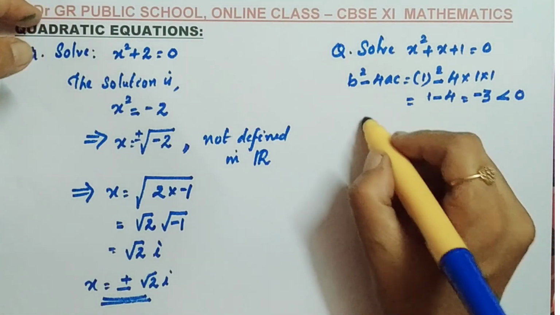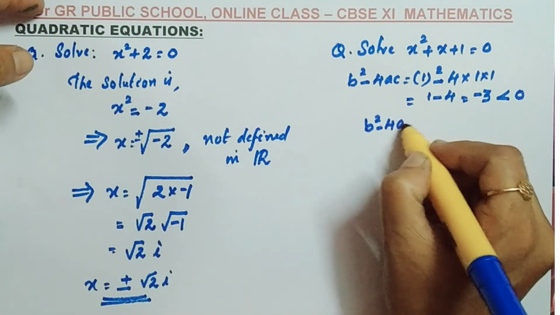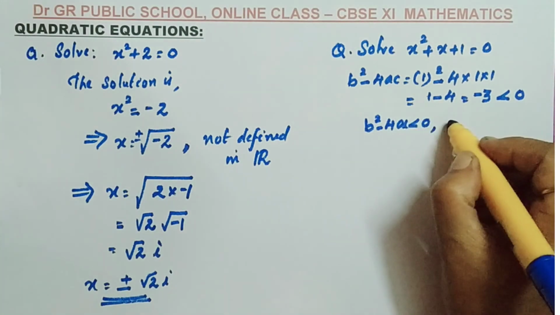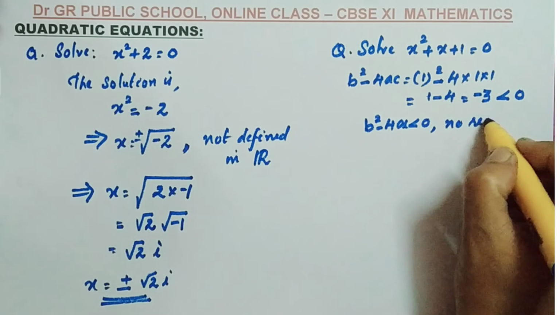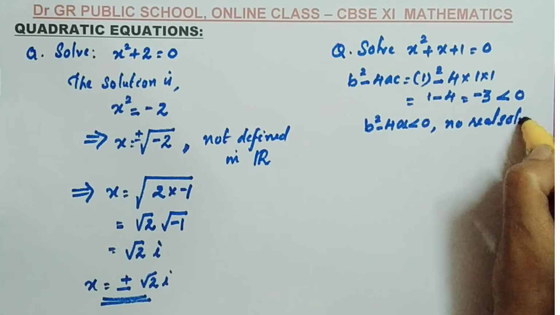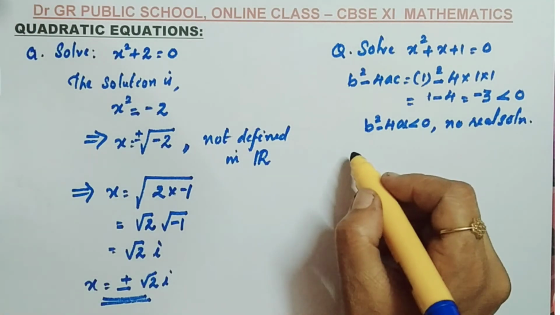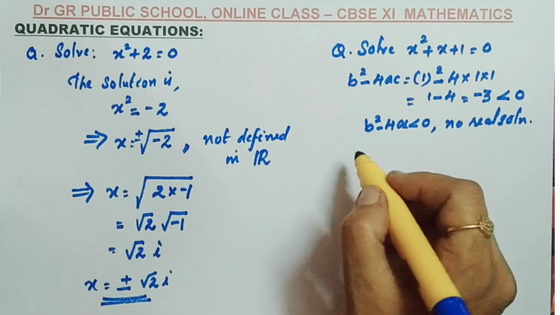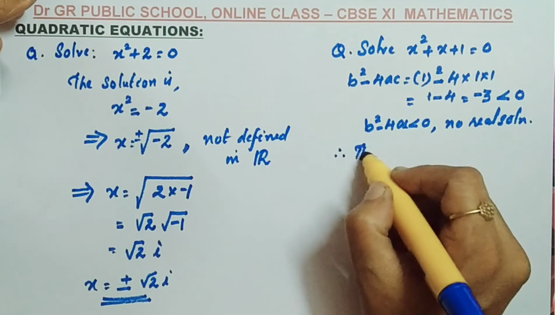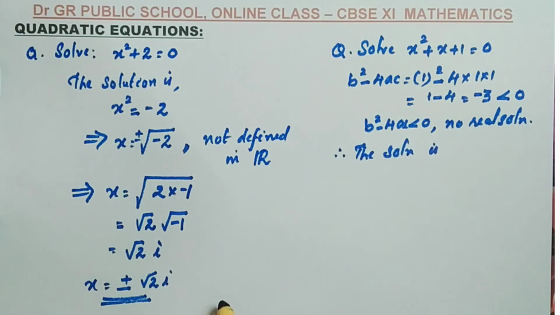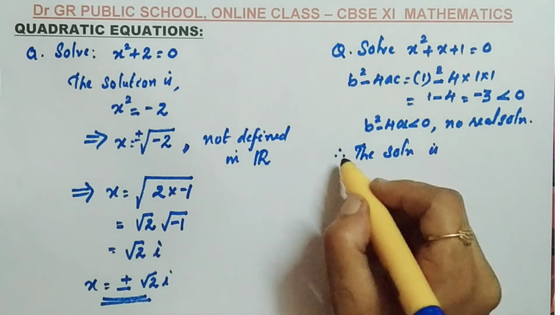You studied that if b square minus 4ac is less than 0, it has no real solution, but it has an imaginary solution. You know how to find the solution of a quadratic equation. Therefore, there is no real solution, but we can find an imaginary solution.